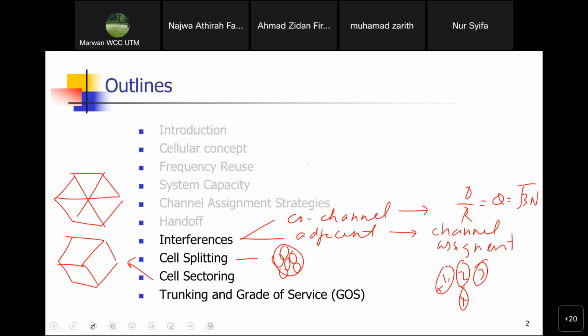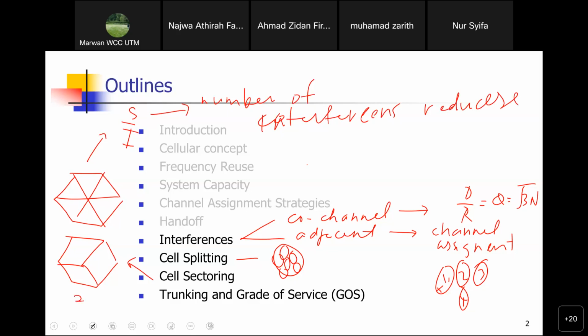With sectoring, it improves S divided by I. Because of what? The number of interferers reduces. With 120 degrees, you are only left with 2, with 60 only 1. Initially, we start with 6 co-channel interferers.